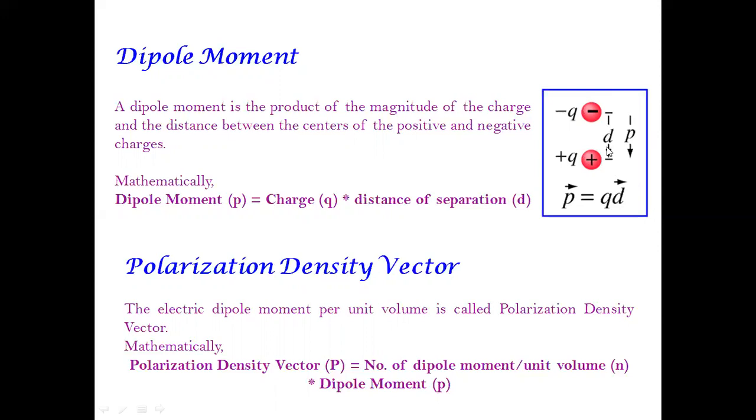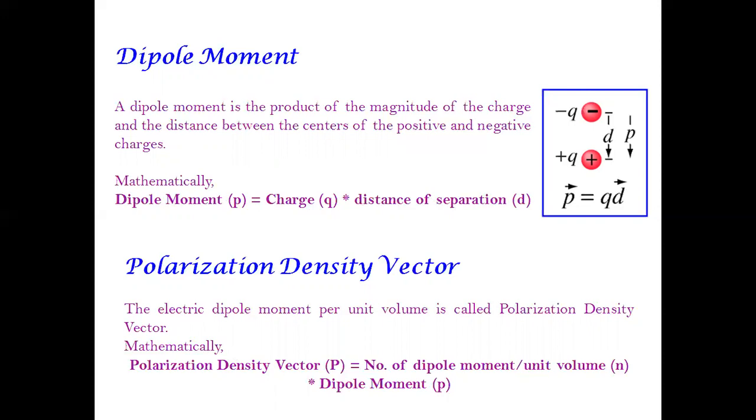Then what happens? In this situation, a dipole moment is generated. A dipole moment is the product of the magnitude of the charge and the distance between the centers of the positive and the negative charge. So mathematically, the dipole moment is equal to charge into distance of separation.